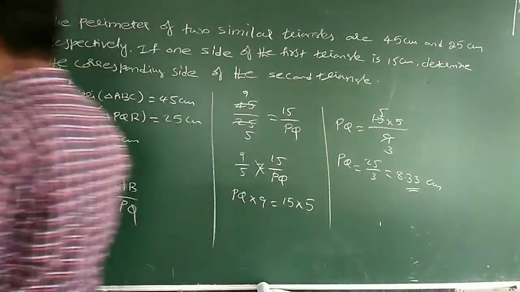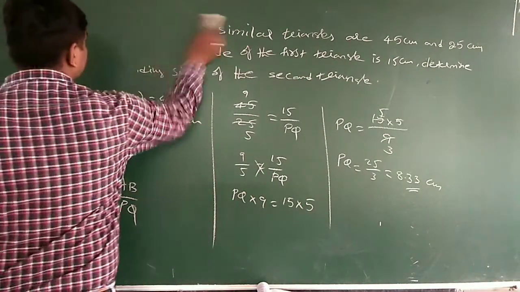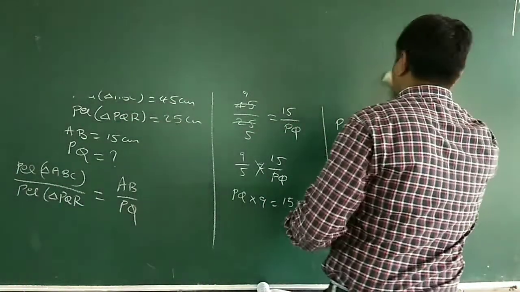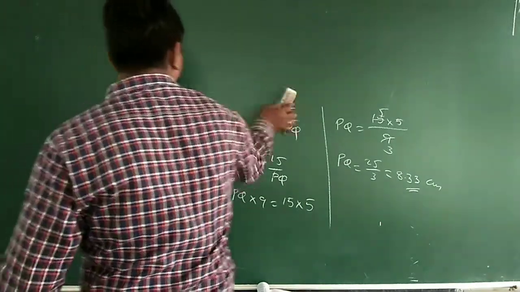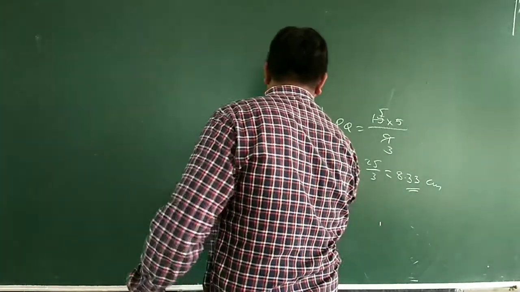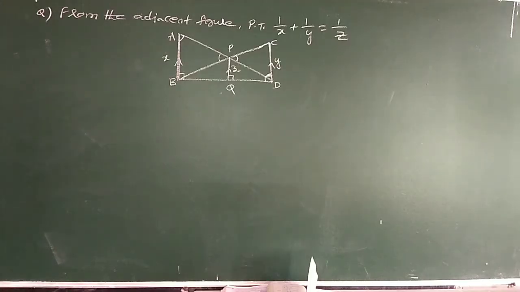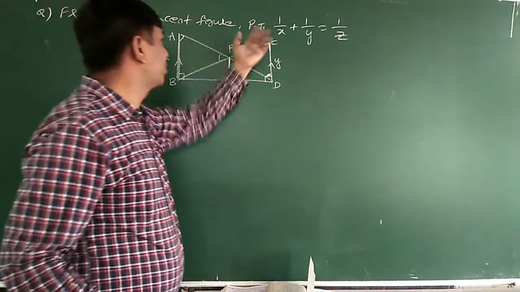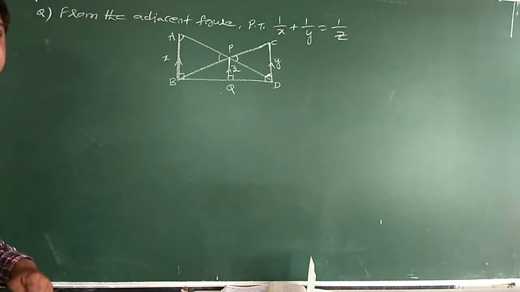Next one. Students, the next problem is: from the adjacent figure, prove that 1 by x plus 1 by y is equal to 1 by z.